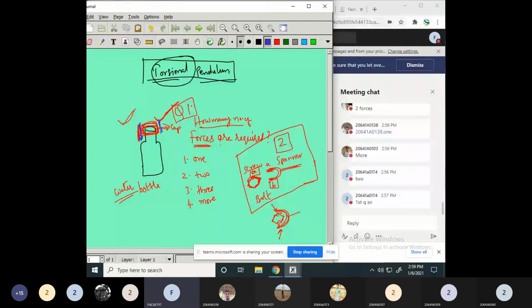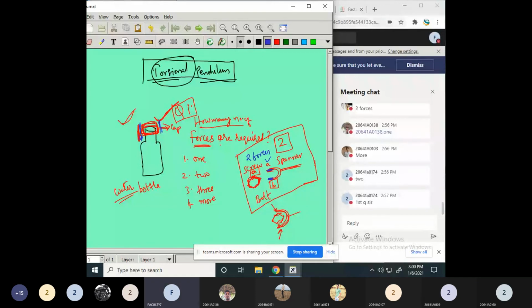How many forces are required? Is it 2 or not? I am saying 2. So in this case, A depending on this, B depending on this. So the answer here is 2 forces.